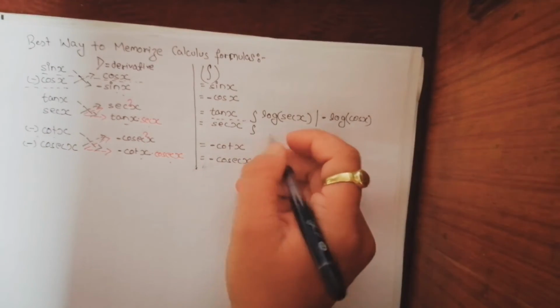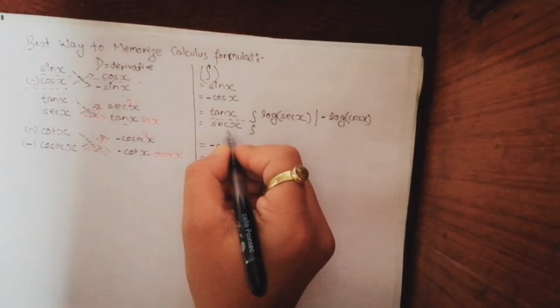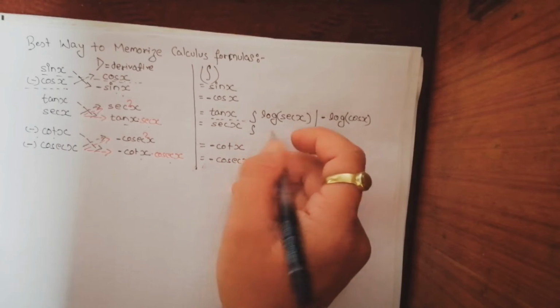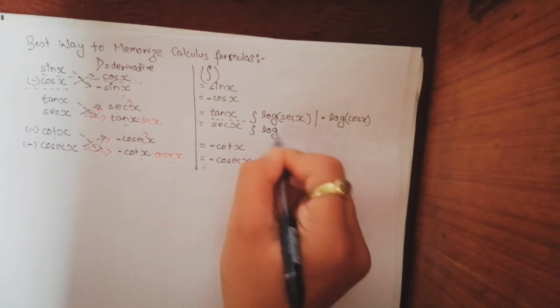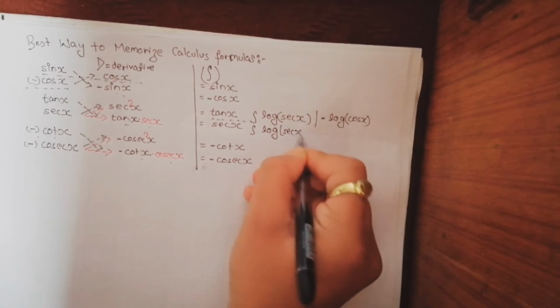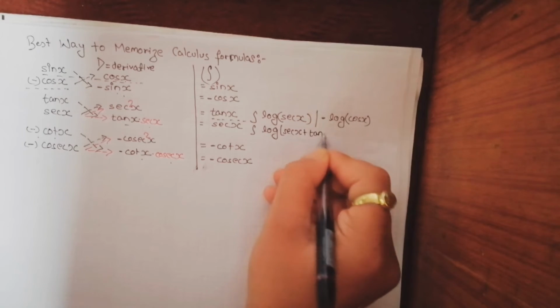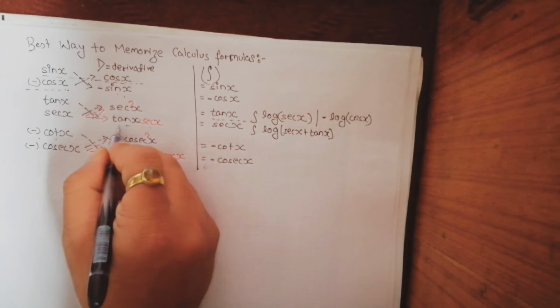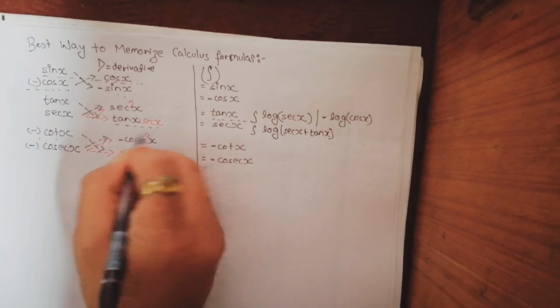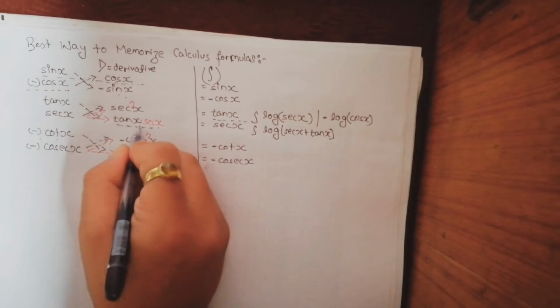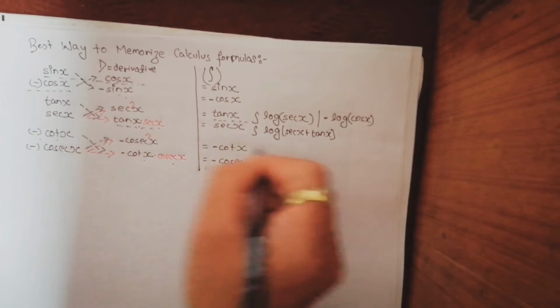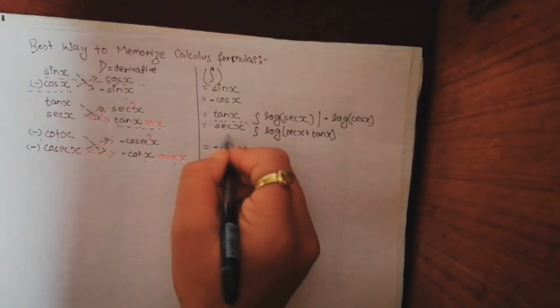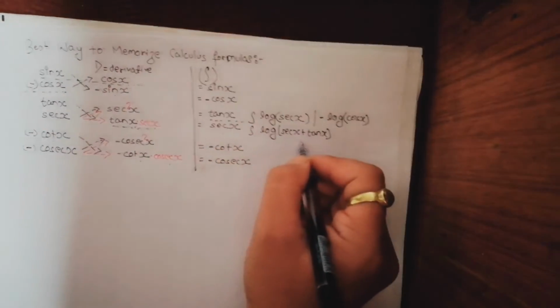So now moving to our next formula, the integration of sec x, and it will be log of sec x plus tan x. The sec x plus tan x has derived from here. You can just remember you need to add, the log of sec x plus tan x gives the integration of sec x.